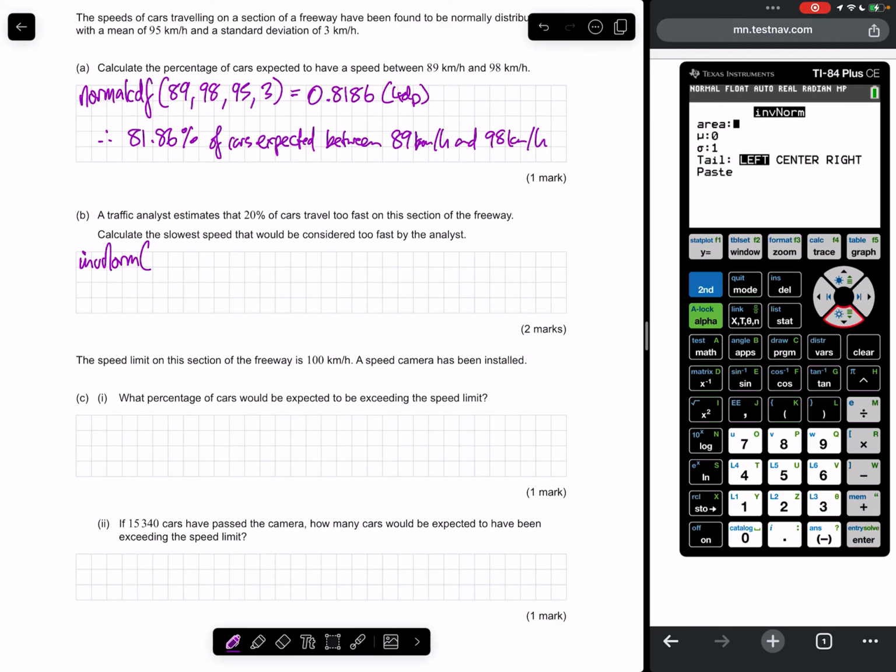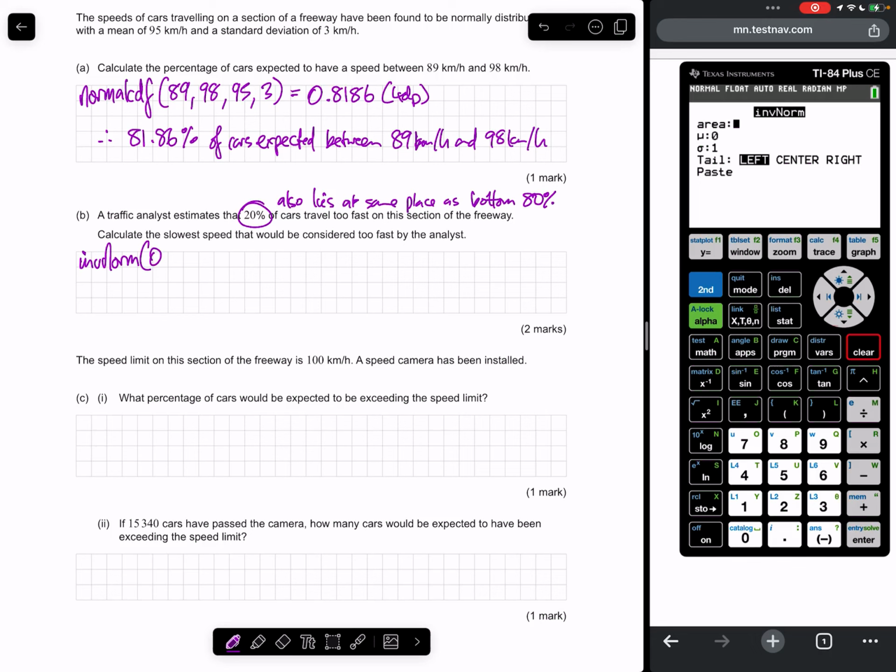If you have an old calculator, the only direction your tail can go is to the left. So the position of the top 20% also lies at the same place as the bottom 80%.